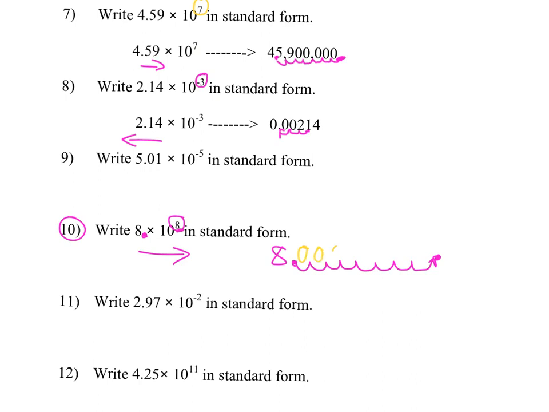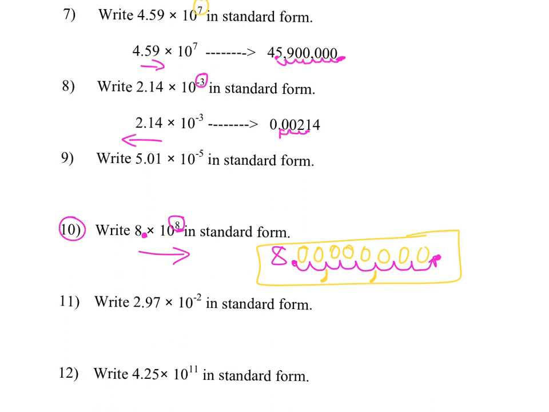So 1, 2, 3, 4, 5, 6, 7, 8. And so we would end up with an easy way to figure out what this number is: you go every 3 from the decimal. So 1, 2, 3, comma, 1, 2, 3, comma. So we have 800 million in this example. And that would be the answer for this one.